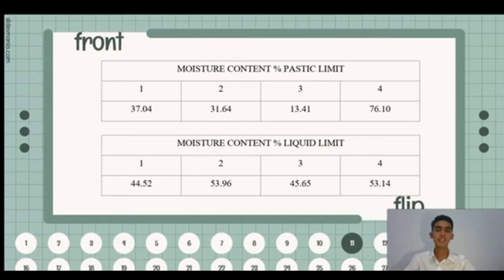Moisture content for the liquid limit: test number 1 is 44.52, test number 2 is 53.96, test number 3 is 45.65, and the last one is 53.14. That's all from me. Thank you.